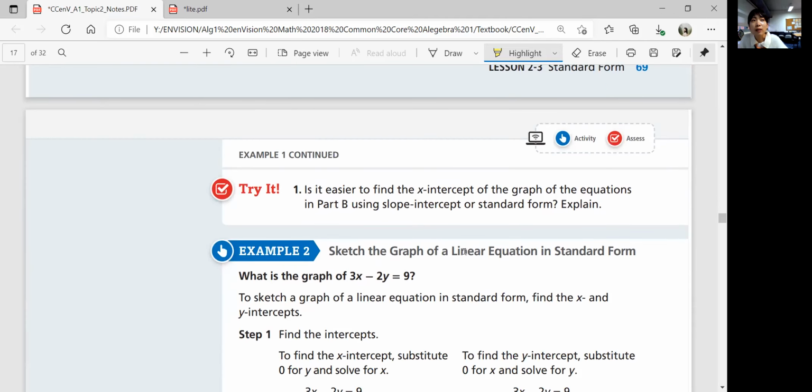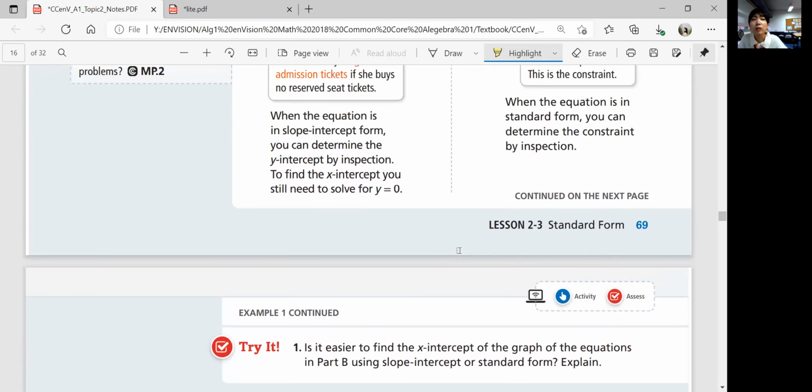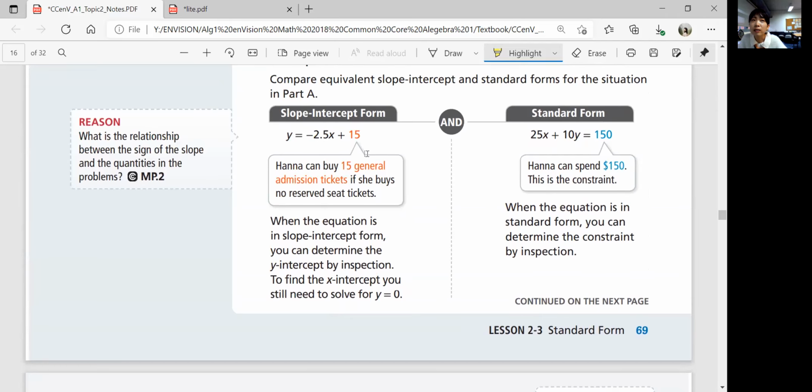So let's try number 1. Is it easier to find the x-intercept of the graph of the equations in part B using slope-intercept or standard form? Which one is easier to find the x-intercept? Well, what's the x-intercept? The x-intercept is when the graph intercepts the x-axis.